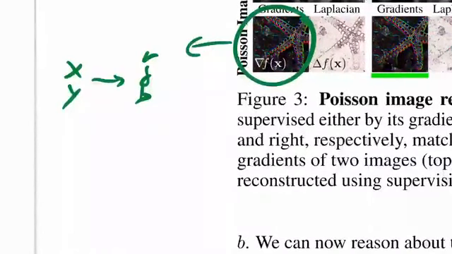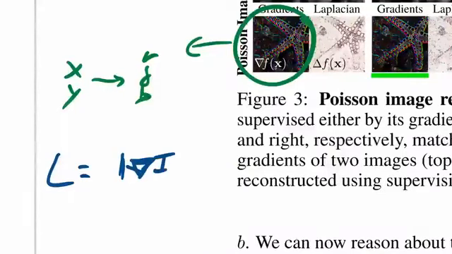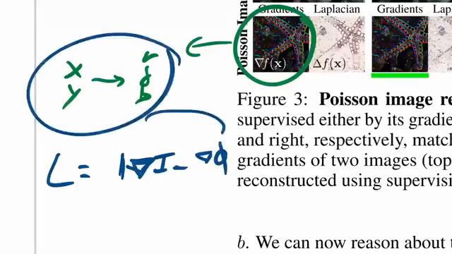So our loss function is going to be something like the gradient of the image, let's call the image I, minus the gradient of that function that maps x of this function right here. Okay, because we have these auto differentiation tools right now, we can easily make this into a loss function. So here we are looking for the function whose gradient matches the gradient of the image, right?